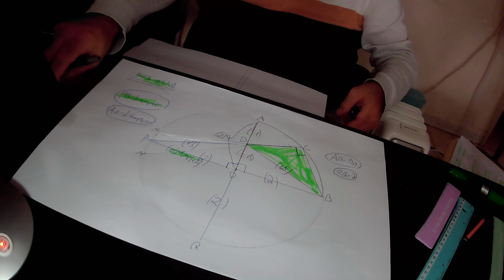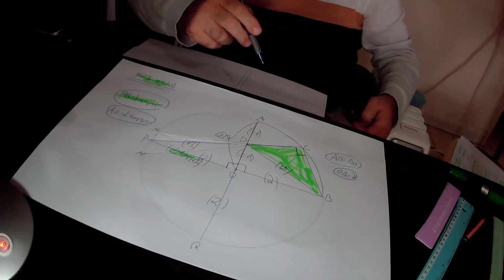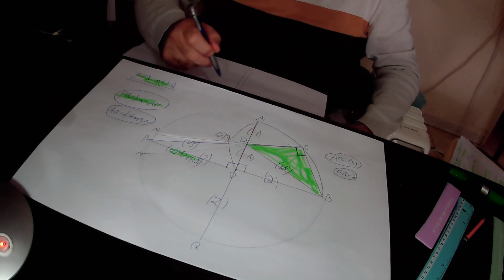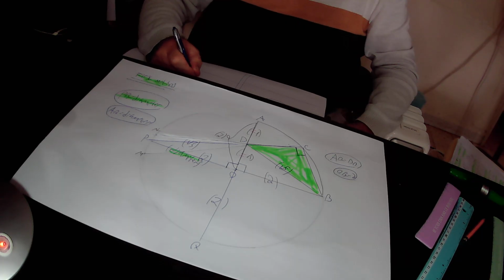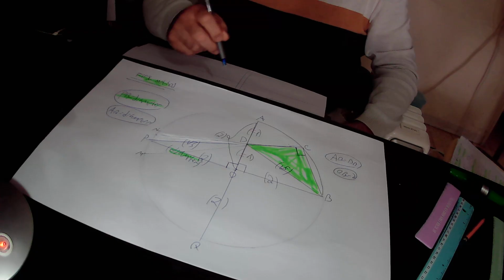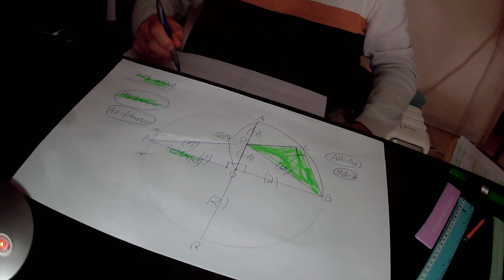According to Rule 24, the following equation is true: AD times DQ equals CD times DP.